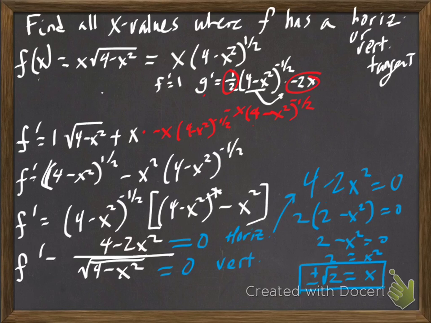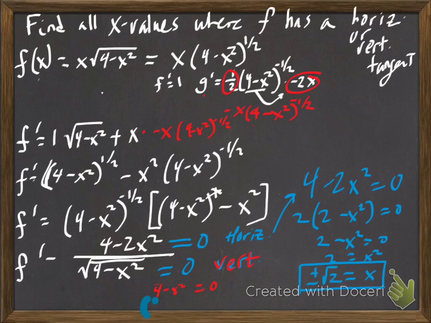And I'm going to do the verticals here in red, to give a contrast. For vertical tangents, I'm going to set the denominator equal to 0, so that's going to be the square root of 4 minus x squared equal to 0. Well, the square root of 0 is 0, so really if I have a 0 on the inside here, that's what I'm interested in, because the square root of 0 will give me 0.